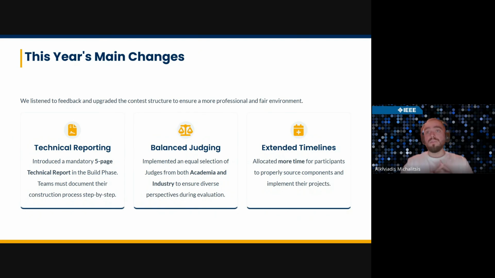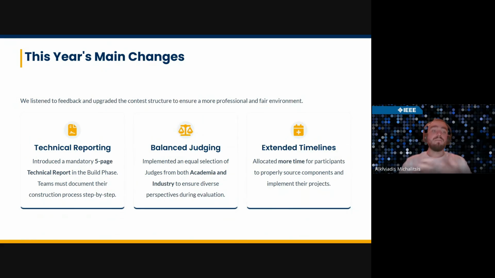This year we made some minor changes to the contest to make it better and to help the students and teams participate and submit their work more easily and correctly.